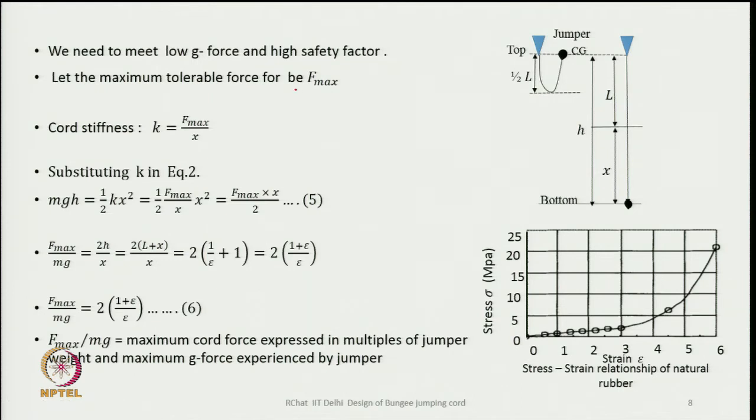Let the maximum tolerable force be F max. So, cord stiffness k equals F max by x. Now, substituting the value of k in equation 2 earlier, which was mgh equals half k x square. This was the original equation, equation number 2. We simply substitute the value of k as F max by x, we get F max by 2 into x, and F max by mg becomes 2 h by x.